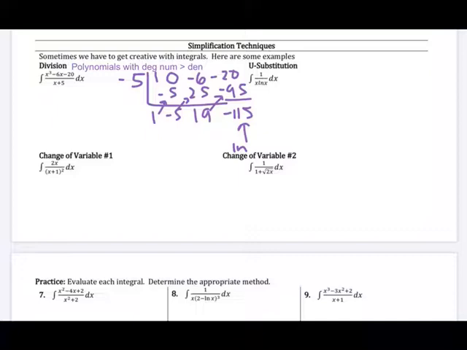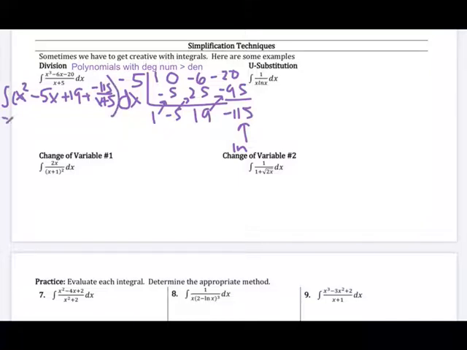So let's look at what we have now. Now we can say this is the integral. Remember, this was x to the third, so when I divide, this 1 is the coefficient of x squared. So x squared minus 5x plus 19 plus or minus -115 over the thing we were dividing by, x plus 5, all of this dx.